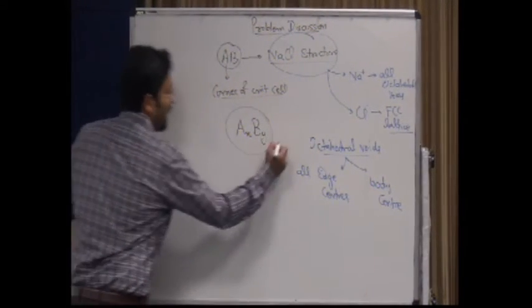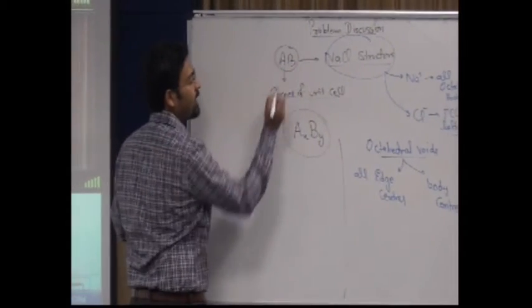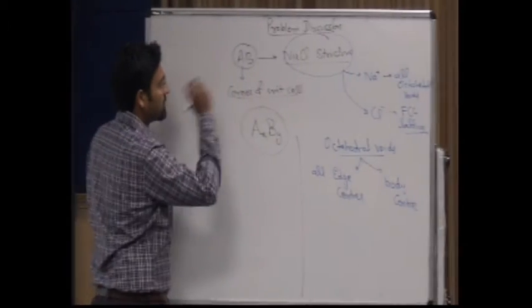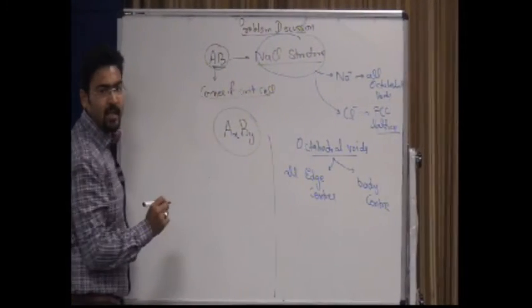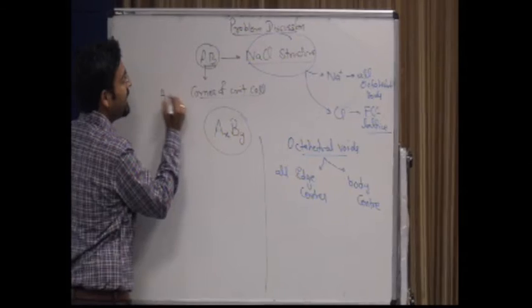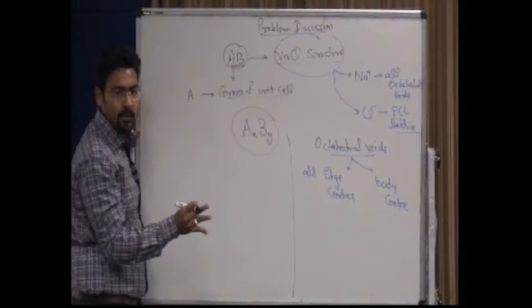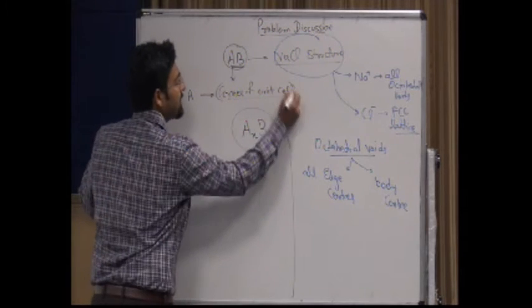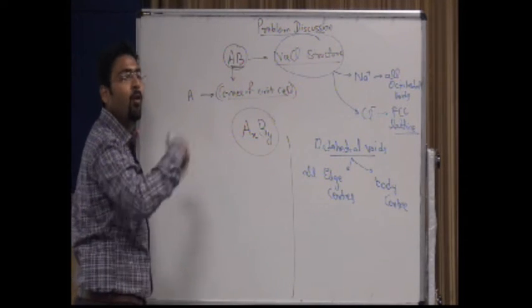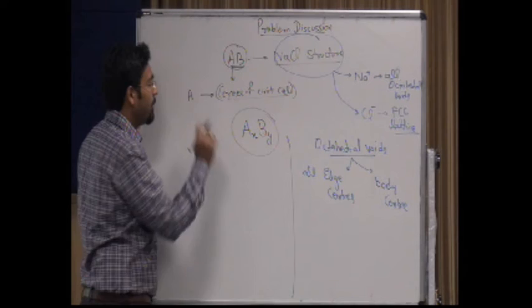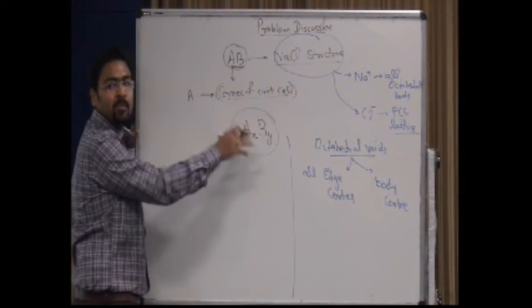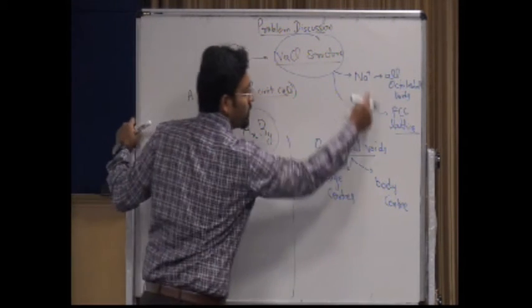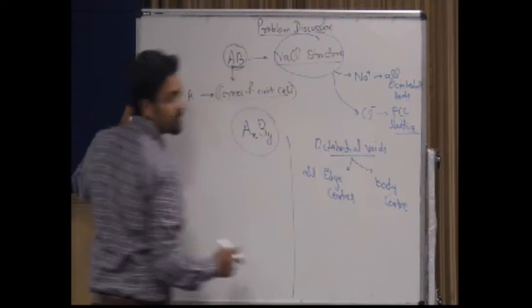Now, let's come back quickly to the question, where we're talking about some solid AB, in which it has been mentioned that A is at the corners of the unit cell. A can also be present at other positions, but at corners only A is present. Now, out of the two, which one goes to the corner?